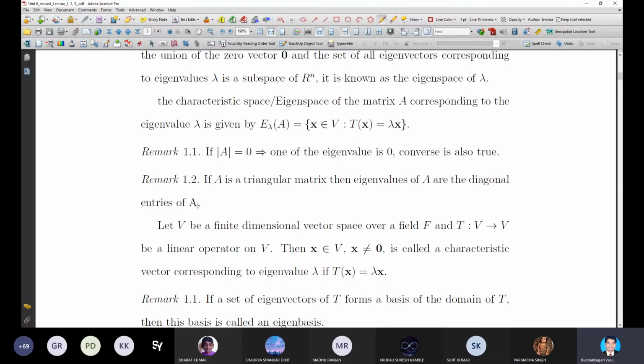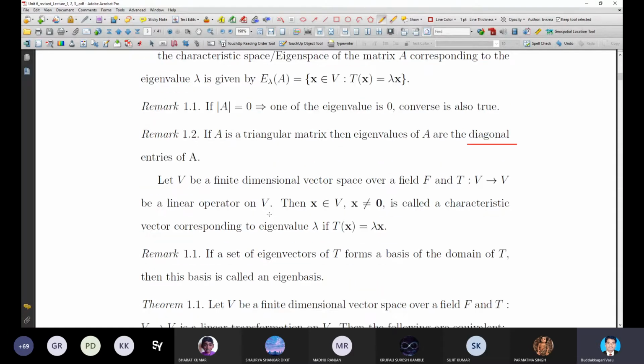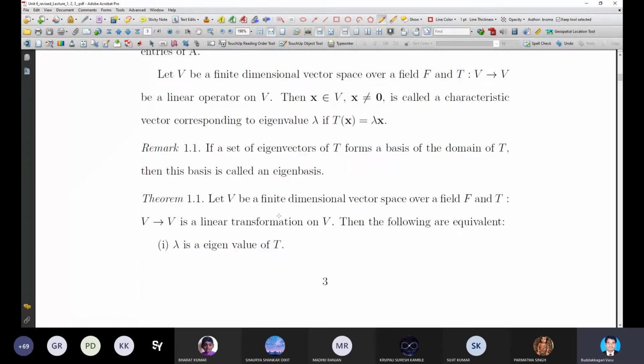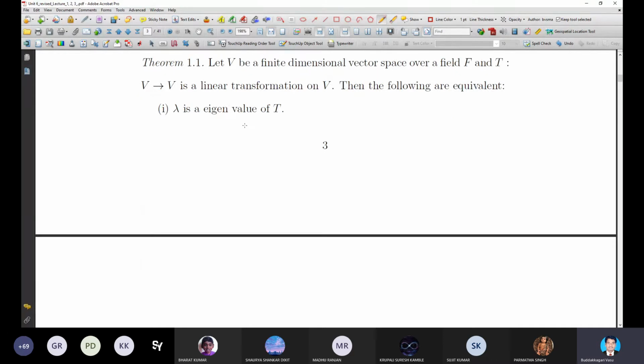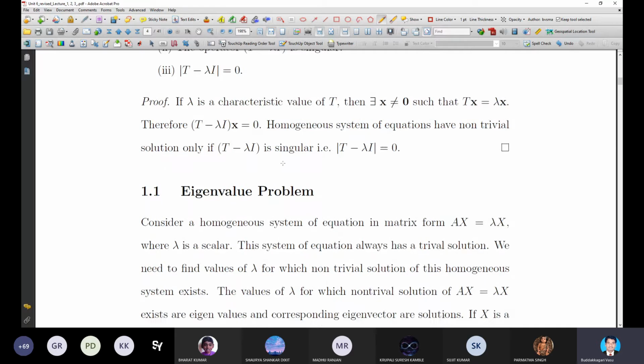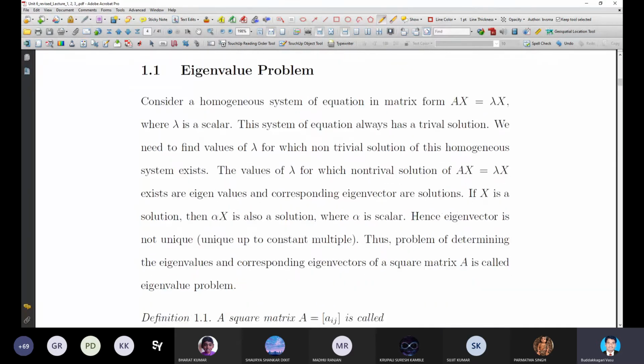Now the eigenvalue problem means finding the eigenvalues and eigenvectors corresponding to the eigenvalues. The process of finding eigenvalues and eigenvectors of any given square matrix A is called the eigenvalue problem.